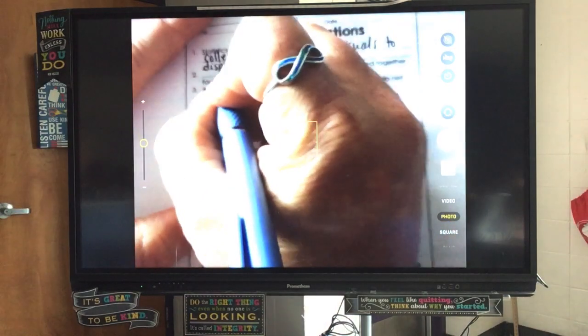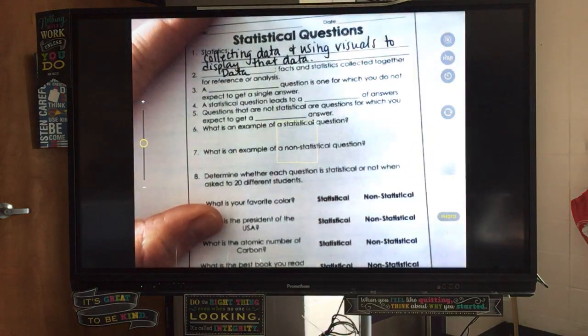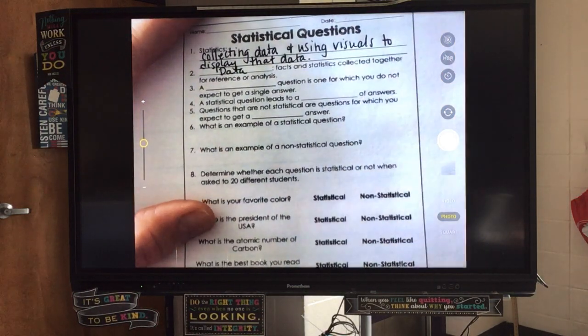Alright, data are facts and statistics collected together for reference or analysis.